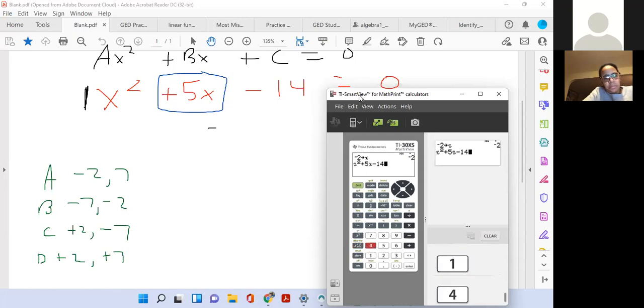If this is correct, I should get 0. I'm going to hit enter. Did I get 0? No. Because you didn't get 0, you know minus 2 is not a solution. So anything with minus 2 in it, you can get rid of. Understand that?